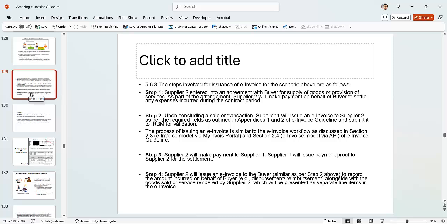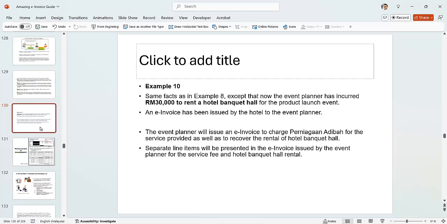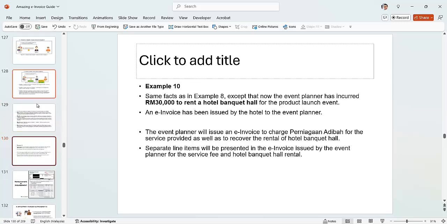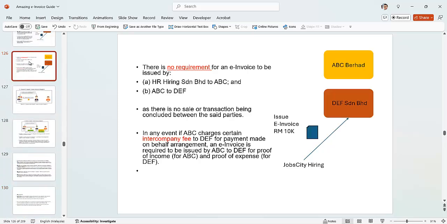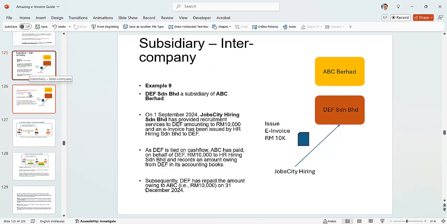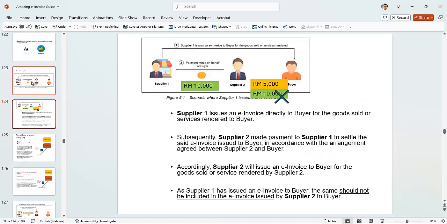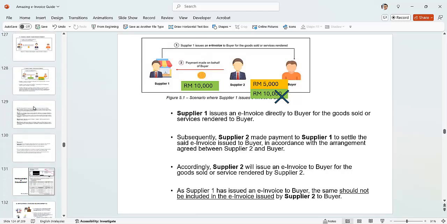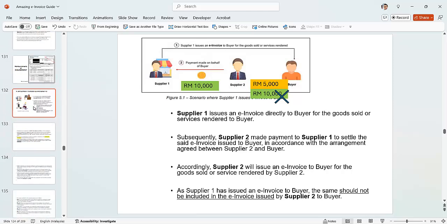Okay, let's take a look here. What is our sample here? I think you can just read the agreements here by yourself, right? So same facts as example 8. Example 8 should be here then.